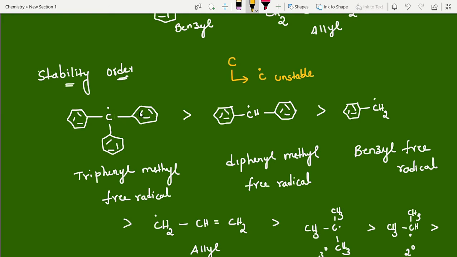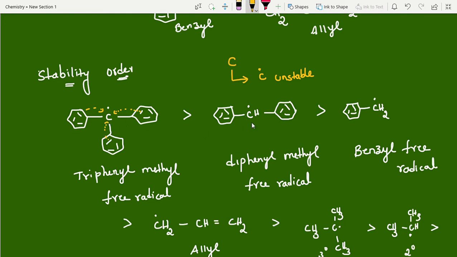Then it will take electrons from the benzene ring. The benzene ring acts as both: it will give electrons, it will take electrons. So it is giving electrons. This benzene ring is giving, this one is giving, this one also is giving. So all three are ready to give. One poor guy is there, 3 rich families are there, like Ambani. So with 3 rich families, definitely it is stable, right or not?